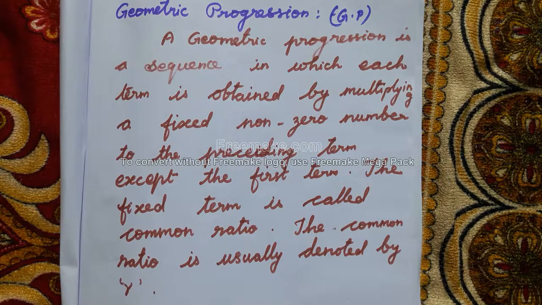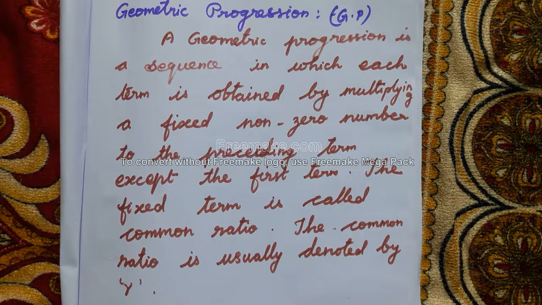Each term is obtained by multiplying a fixed non-zero number to the preceding term, except the first term. The fixed number is called the common ratio. The common ratio is usually denoted by r.